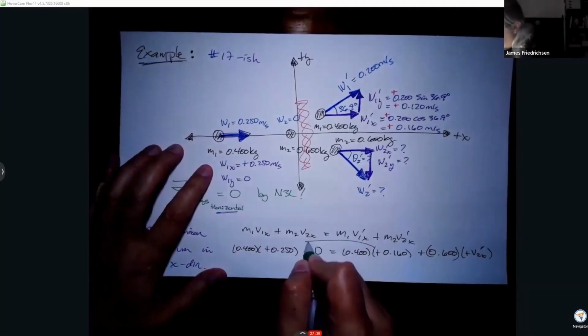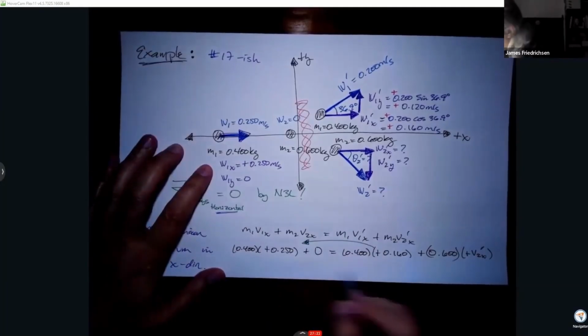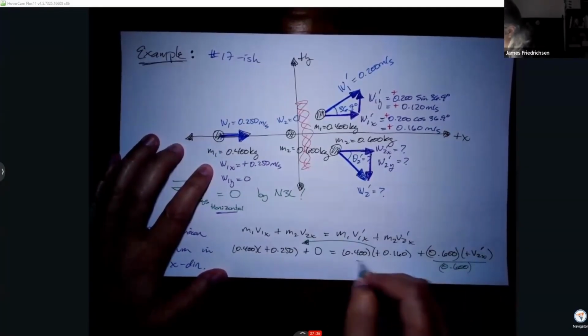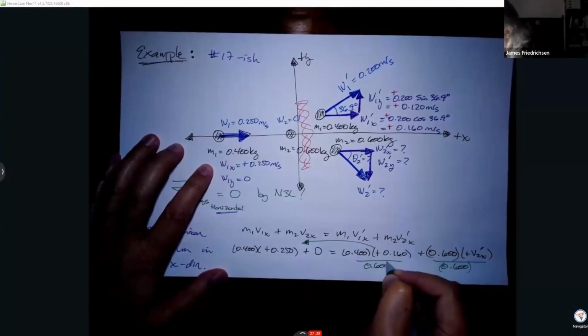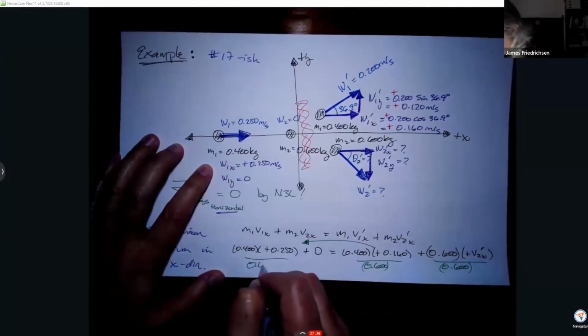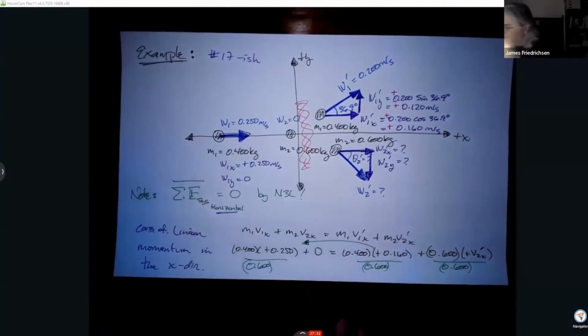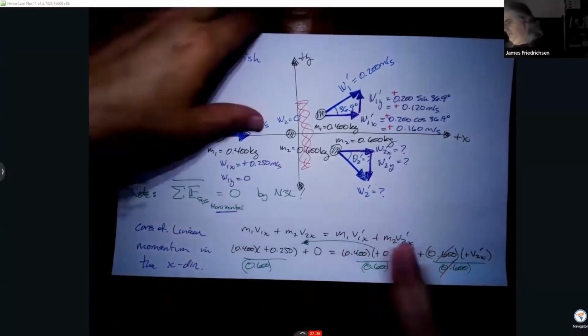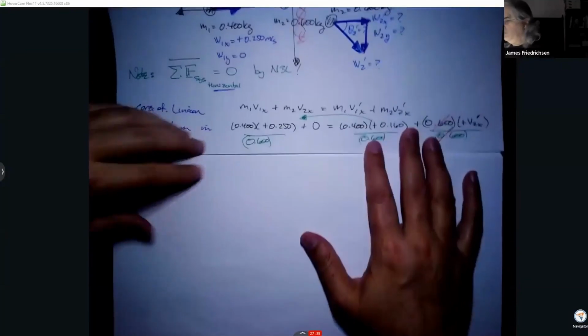And so we'll move this term to the other side, and then we'll divide everything by the 0.600. And I'm going to flip the formula because I'm annoying like that.